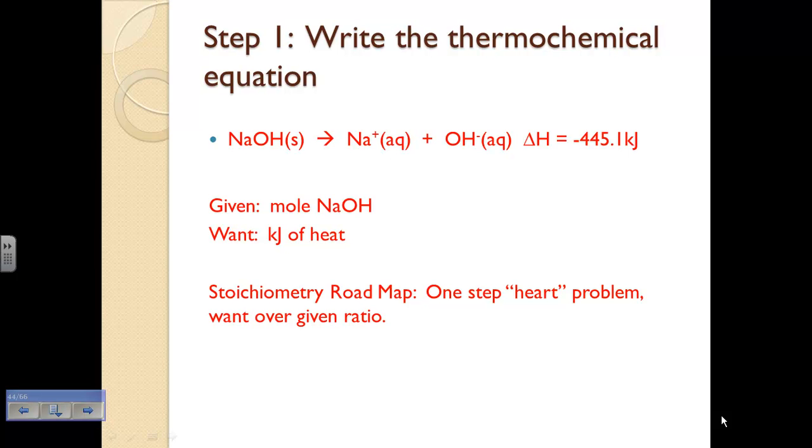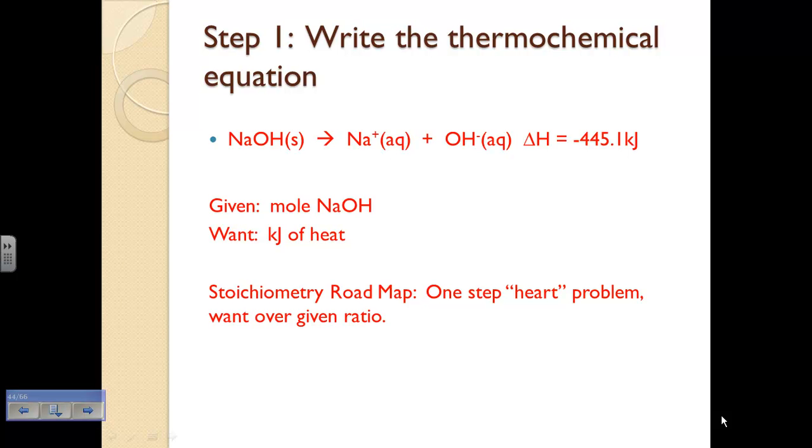We're given the moles of NaOH in our problem. The number there was 2.5 as the value given. Given a mole, we want kilojoules of heat. And remember, in our stoichiometry roadmap, not only do moles fit into that heart of the problem, but we've invited in kilojoules as part of the recipe as well.